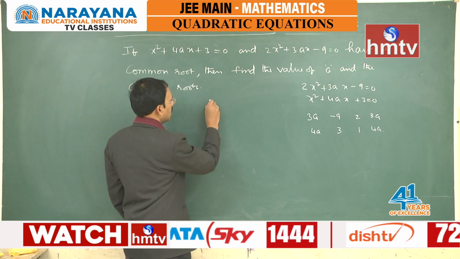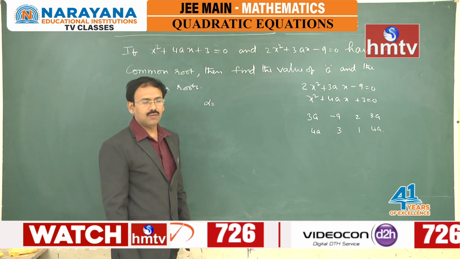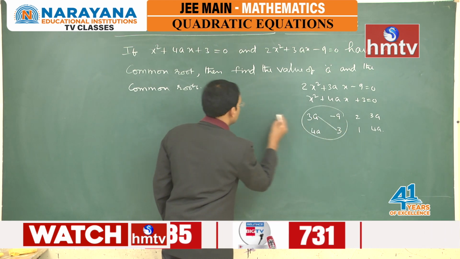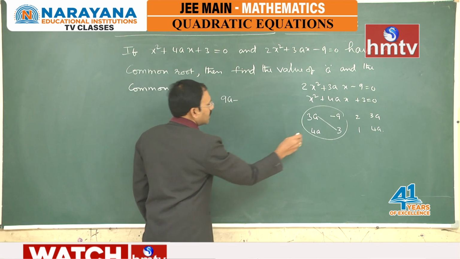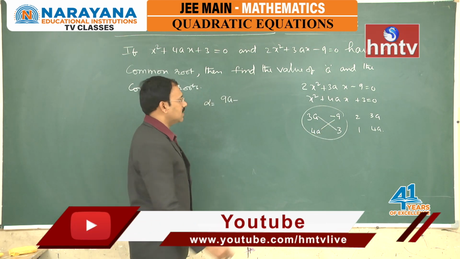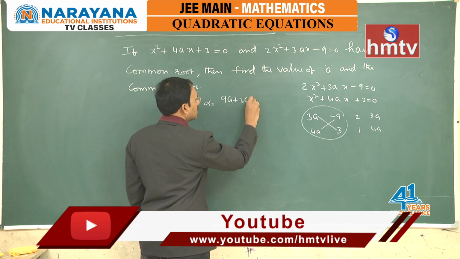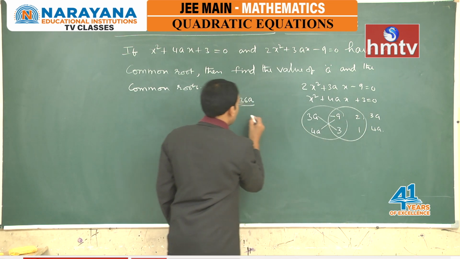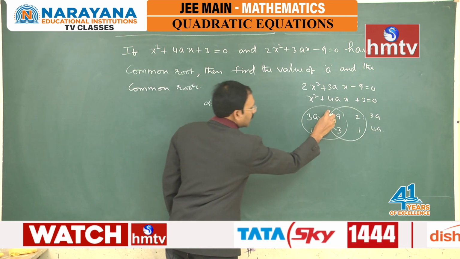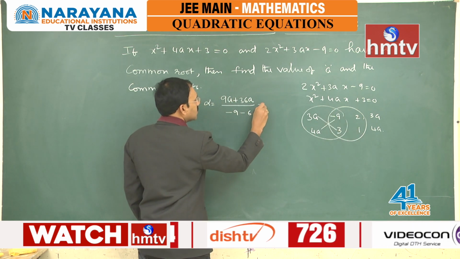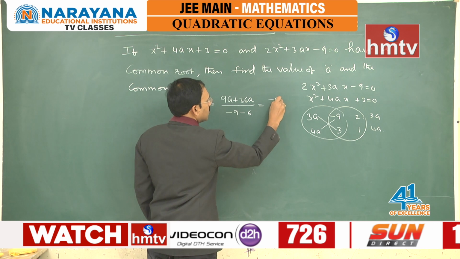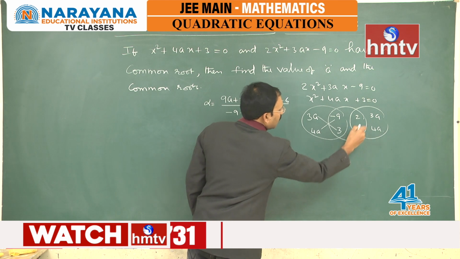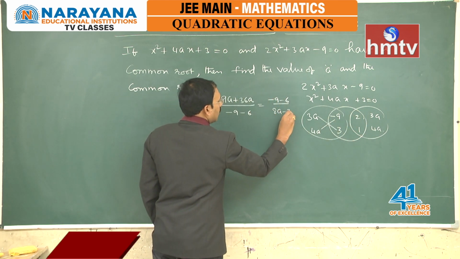Now the condition is, the common root alpha is equal to this determinant AD minus BC: 9a minus (minus 36a), so it will become plus 36a, by the second det, that is minus 9 minus 6, AD minus BC, which is equal to, the same should be written here, minus 9 minus 6 by this det, which is 8a minus 3a.